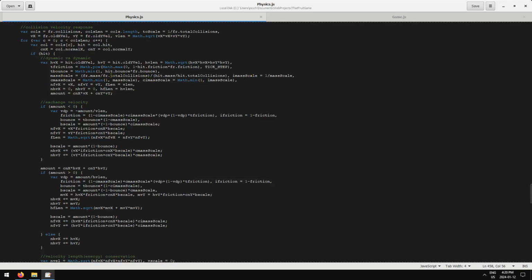So I should cover, we have a few different mass scales here. So the main mass scale is this fruit divided by the hit fruit, and then the I mass scale is 1 divided by that. So it's technically the hit fruit divided by this fruit. Then we've got the clamped mass scale, clamped inverse mass scale, and this clamps it to 1 so that it can't multiply over 1.